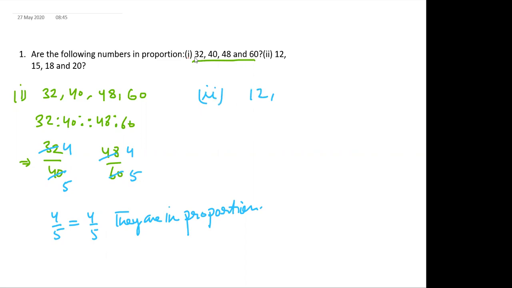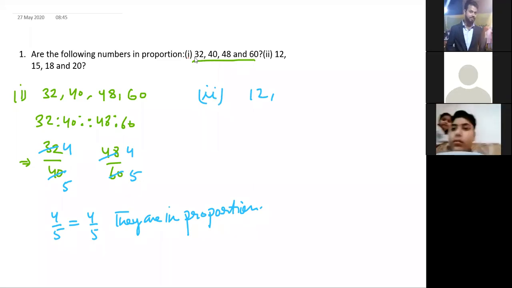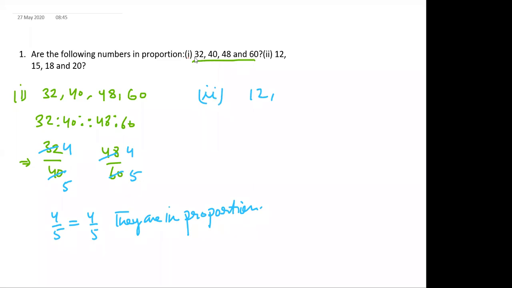12, 15, 18, 20. So we have to check if they are in proportion or not. So what you do, first write them in fraction form: 12 ratio 15 proportion 18 ratio 20. Now multiply 12 with 20 and 15 with 18.